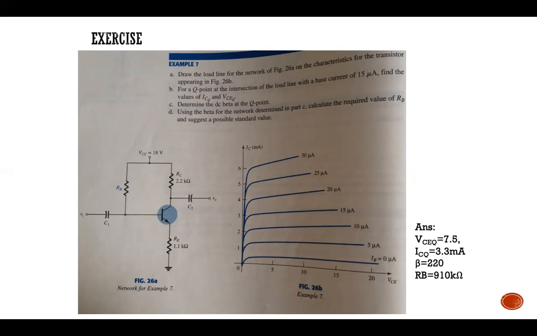This one is the collector characteristic curve, and this one is the circuit. Question 8: draw the load line for the network of figure 4.26a on the characteristic for the transistor appearing. So given this circuit, the question asks you to draw the load line here.